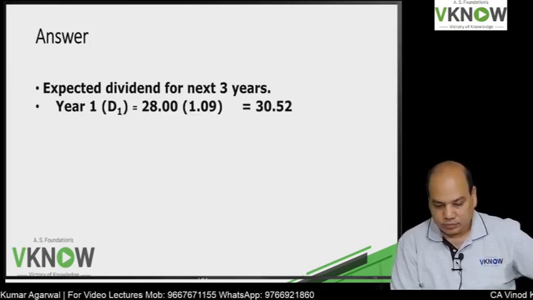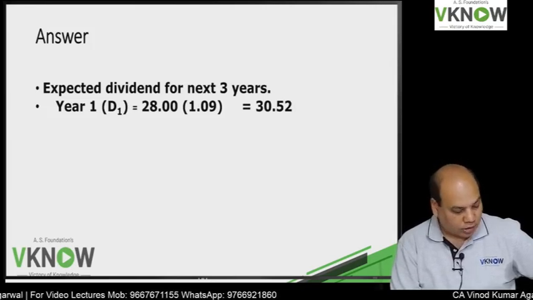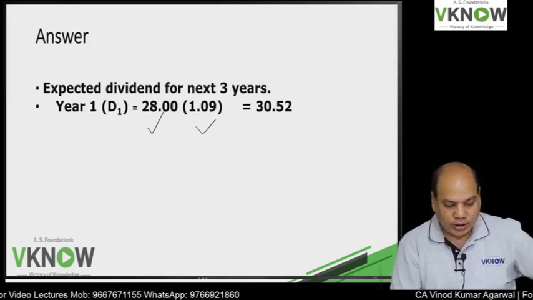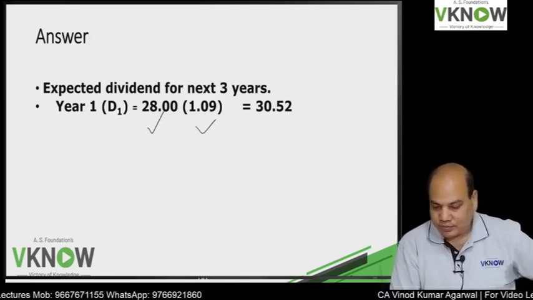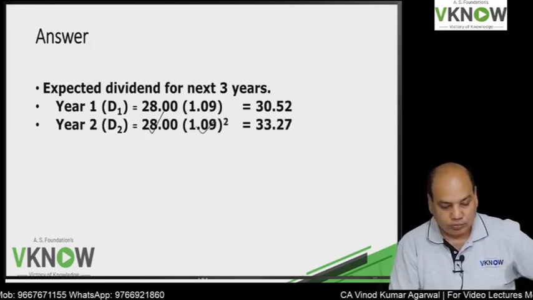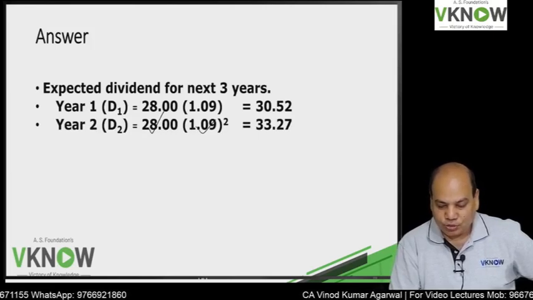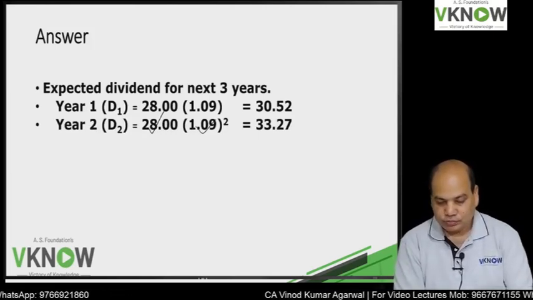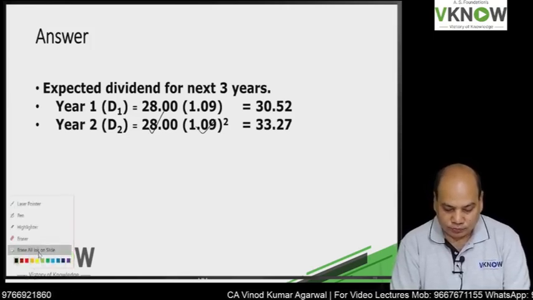Year 1. D1 is equal to last dividend paid, 28, with growth rate 9%. Very easy question. So 30.52. Year 2, write down. D2 will be 28 into 1.09 to the power 2.